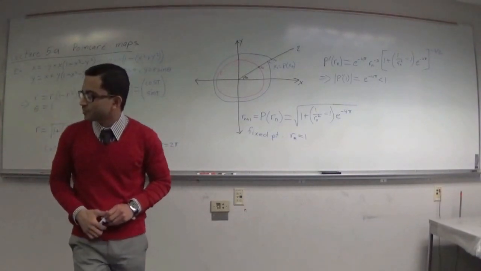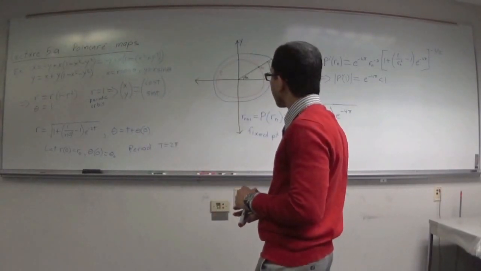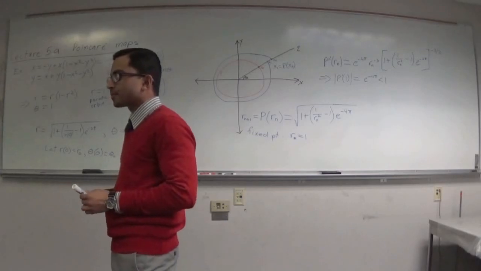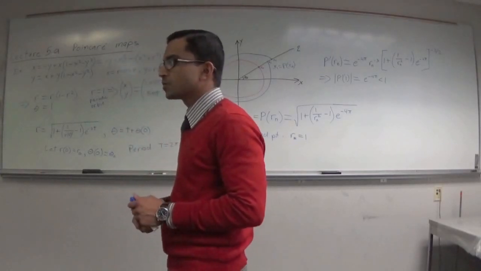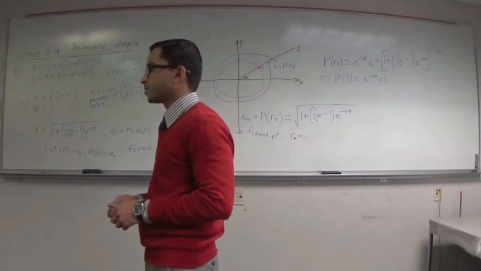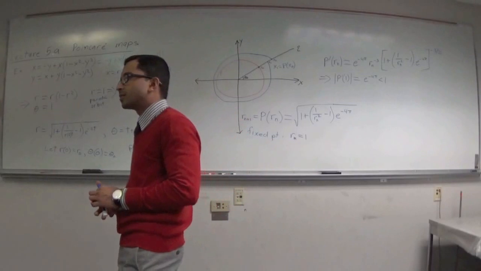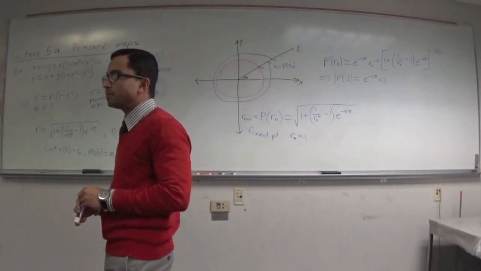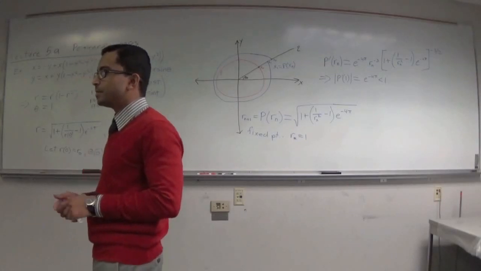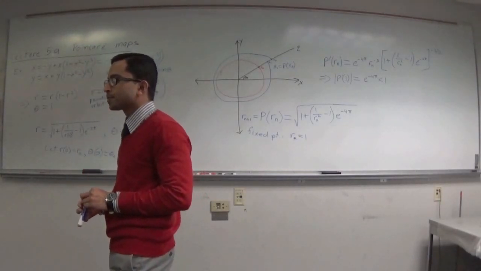Just a point. Can anybody look at the polar equations and tell from those about the stability of the periodic orbit? Take a close look at those equations and tell me why, just from the way they're set up, you know that r equal 1 is a stable periodic orbit. Look at the sign of r dot. r dot is equal to 0 when r equal 1. What about when r is bigger than 1?